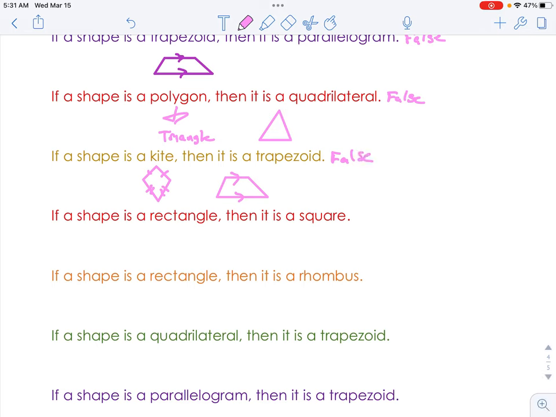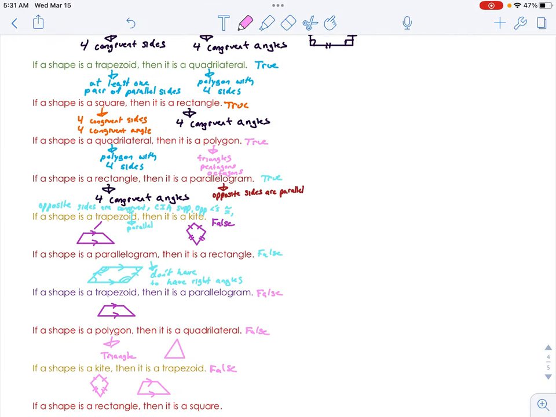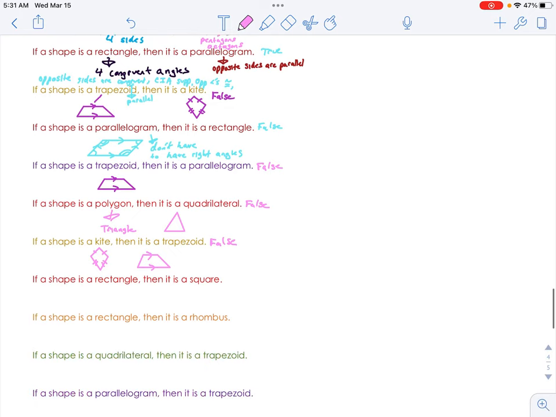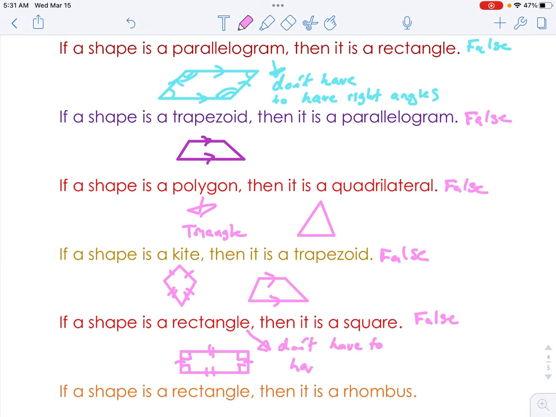Big fat old false. If a shape is a rectangle, then it is a square, right? So we saw this all the way up here where if it's a square, then it's a rectangle. That's true, but this is false. Not all rectangles are squares. Using the definitions we talked about before, they don't have to have four congruent sides.